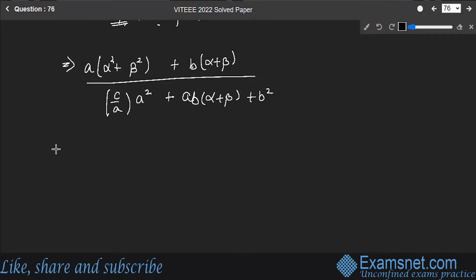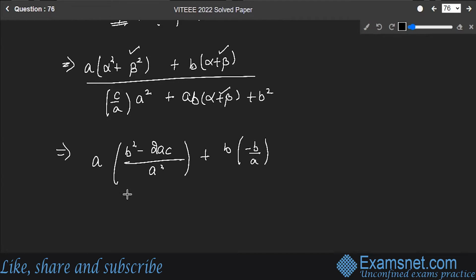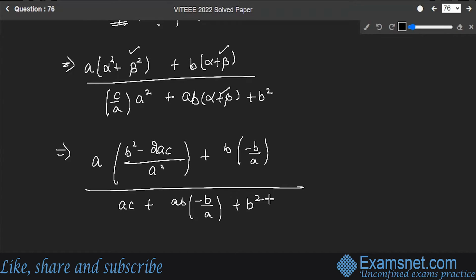Okay, so now you know alpha square plus beta square, we already have calculated this value. We are given this value and this value as well. So let's fill in the values now. This is A into (B square minus 2AC upon A square) plus B into minus B upon A, whole divided by AC plus AB into alpha plus beta, which is minus B upon A, plus B square.